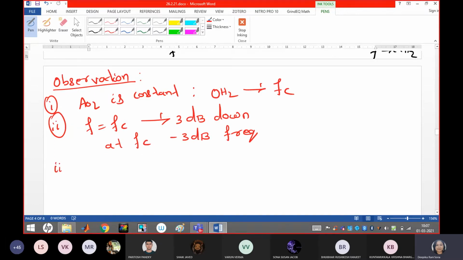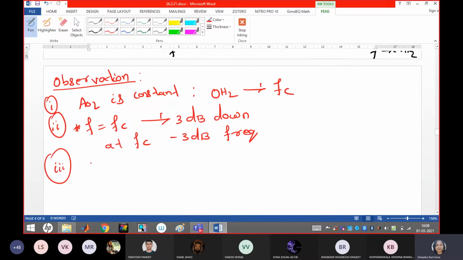Then the third point we observe is that after the point F equals Fc, the gain AOL, or the open loop gain, decreases at a rate of 20 dB per decade or 6 dB per octave.